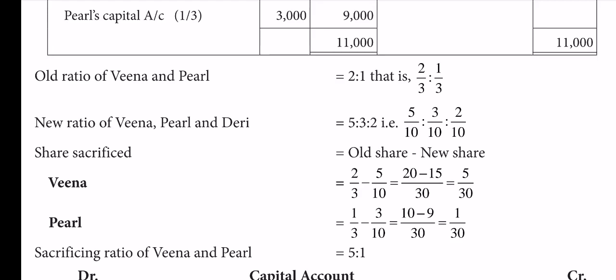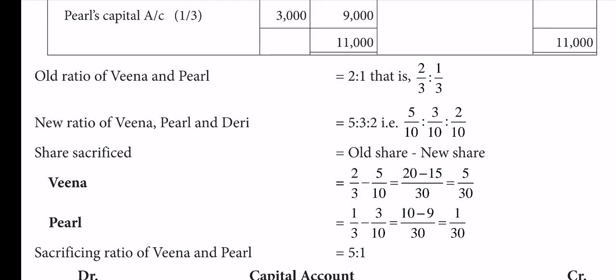As we know very well, sacrificing ratio is old ratio minus new ratio. The old ratio of Veena and PL is 2:1, that is 2/3 and 1/3. The new ratio of Veena, PL and Derry is 5:3:2 as given, therefore 5/10, 3/10 and 2/10.